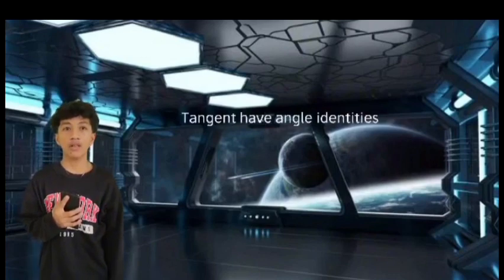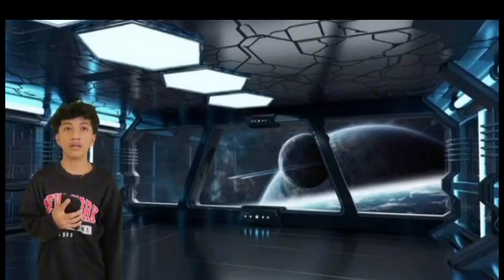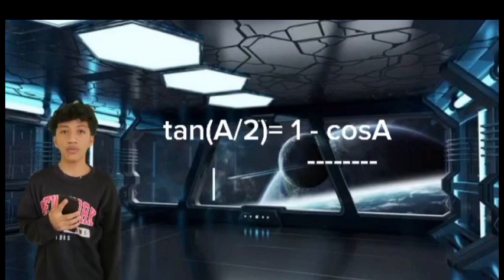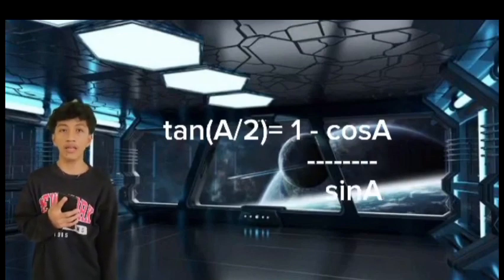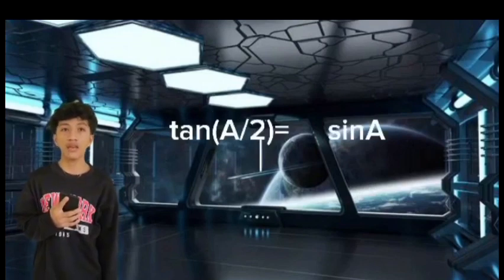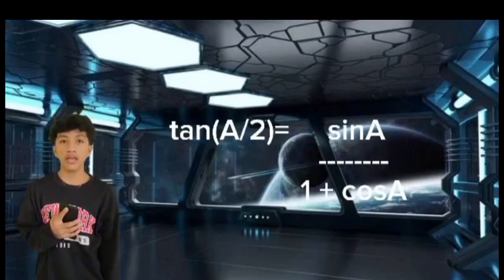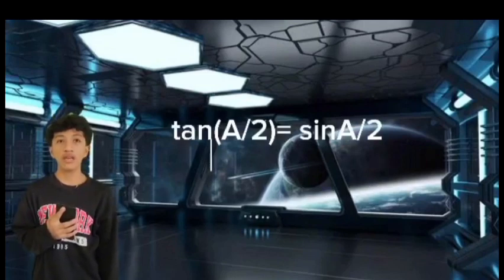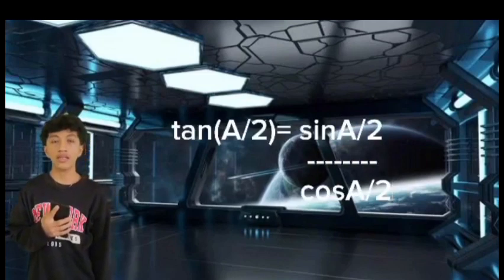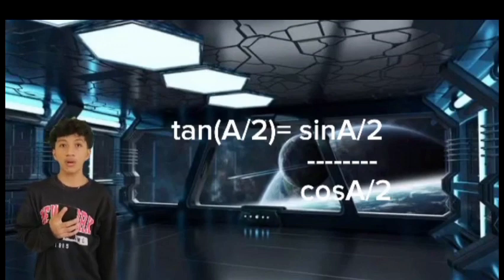Tangent half angle identities: tangent (A over 2) equals (1 minus cosine A) over sine A. Tangent (A over 2) equals sine A over (1 plus cosine A). Tangent (A over 2) equals sine (A over 2) over cosine (A over 2).